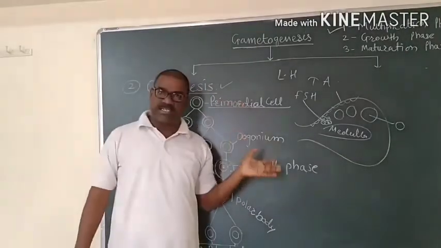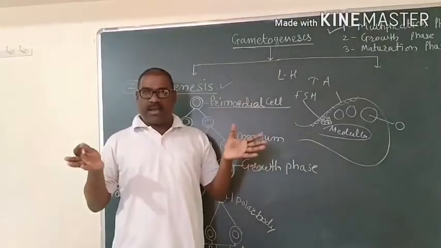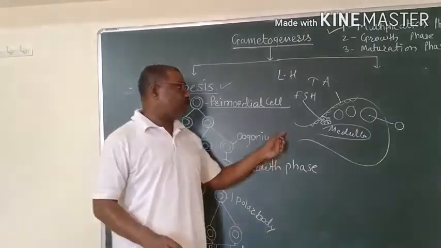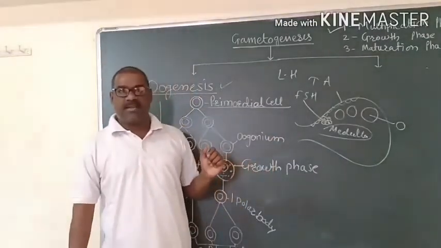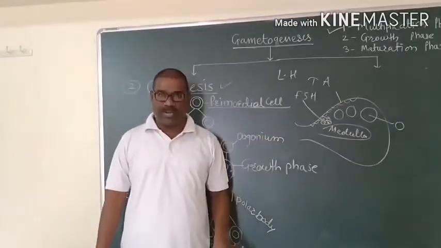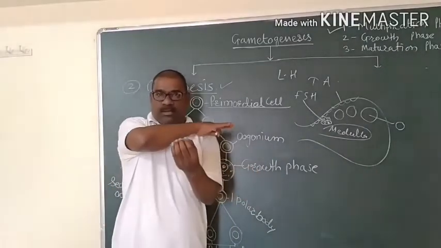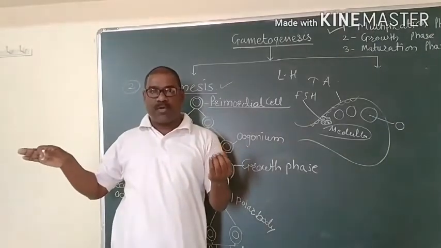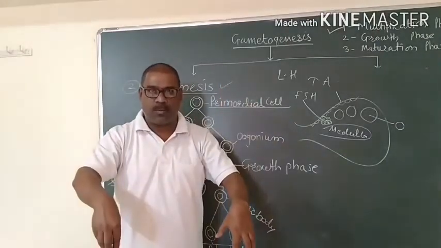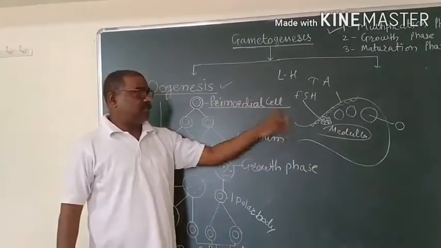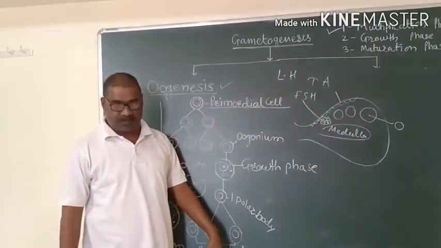Here, in the last lecture, we already roughly discussed the process of oogenesis in the histological structure of the ovary. When we take the transverse section of the ovary and observe under a microscope, it looks like this diagrammatic representation.